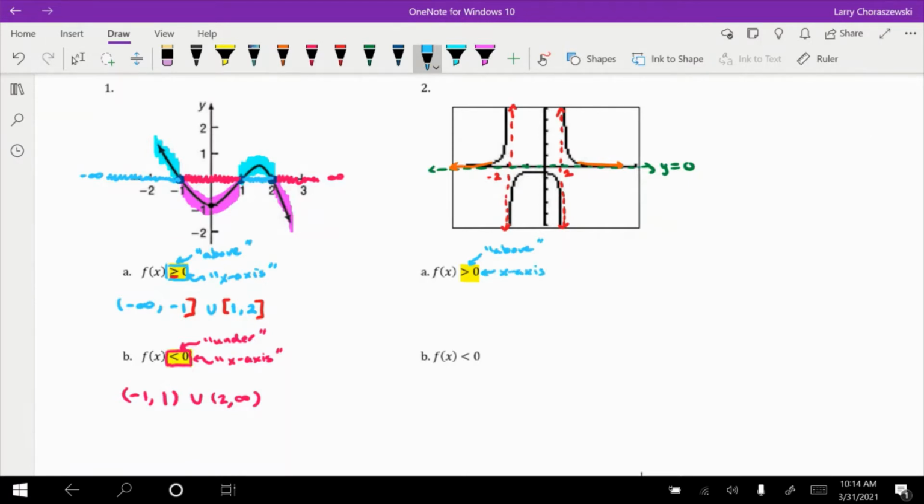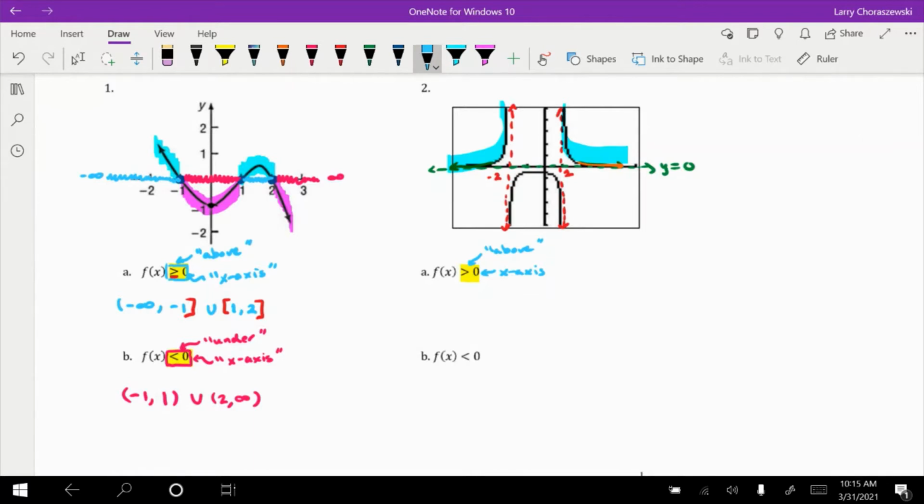Now, are there any pieces of this graph that are above the x-axis? If so, how many pieces? You got 2 pieces. Yep, we got this piece that's in quadrant 2, and we got this piece that's in quadrant 1.